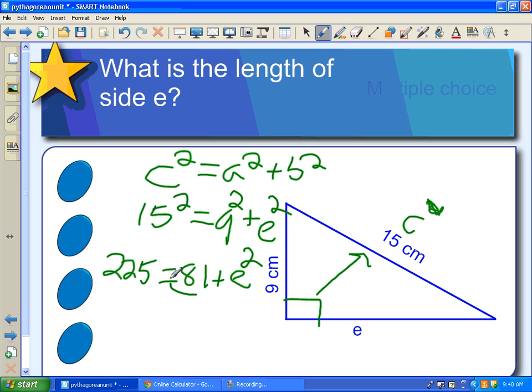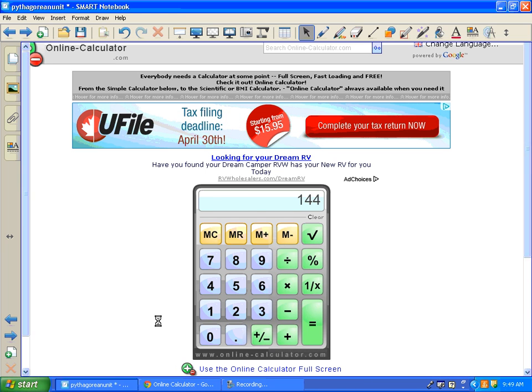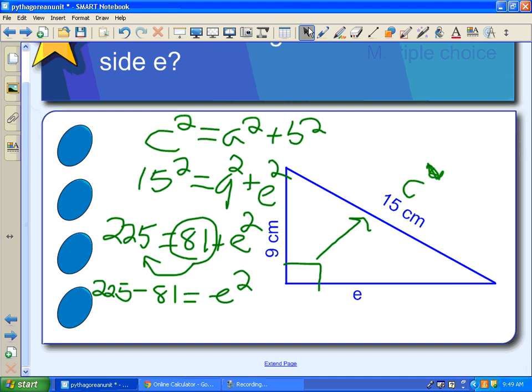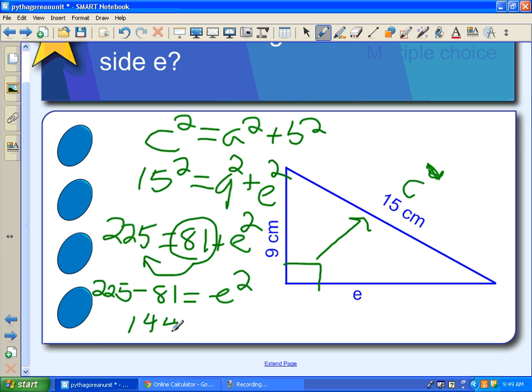Now to get that 81 moved, shift to this side. You're going to have 225 take away 81 equals e squared. So 225 take away 81 leaves us with 144. So we got 144 equals e squared.